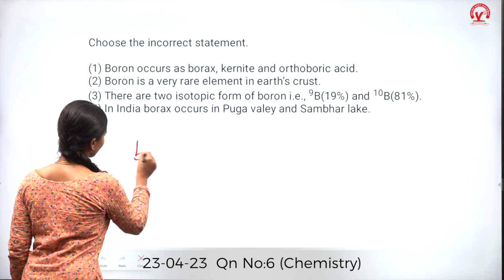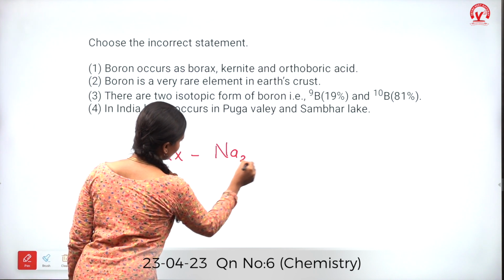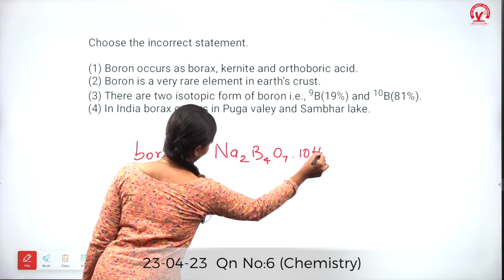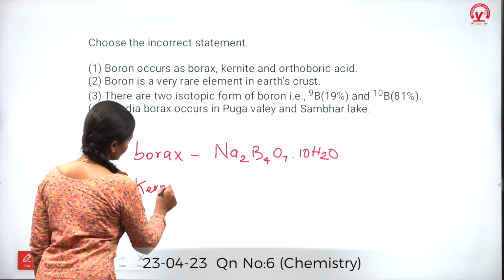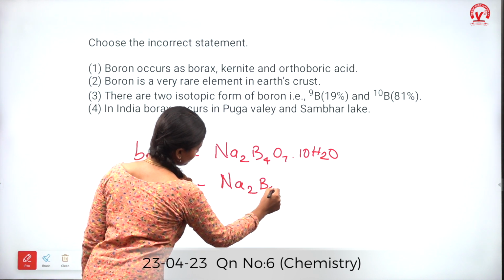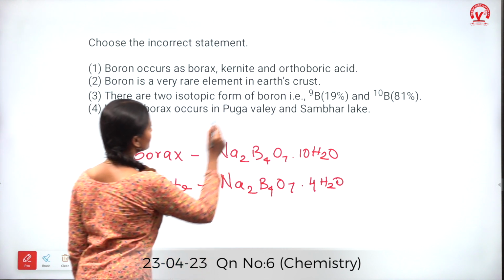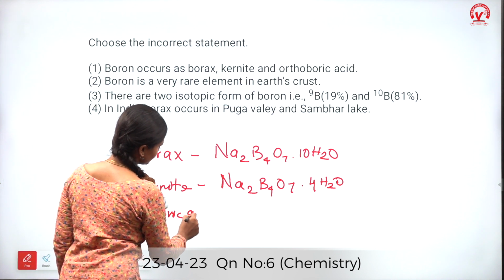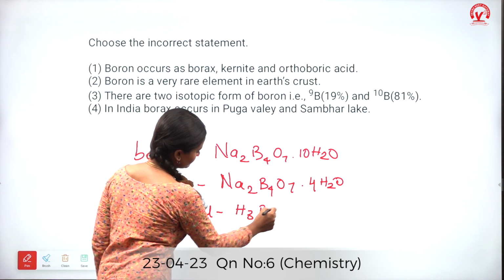Borax is Na2B4O7 10H2O, then kernite is Na2B4O7 4H2O, and the third one is orthoboric acid, H3BO3.